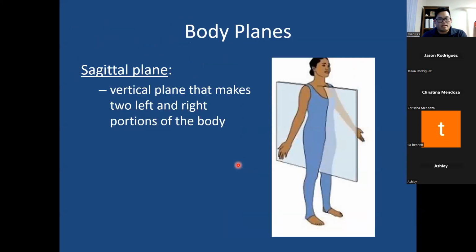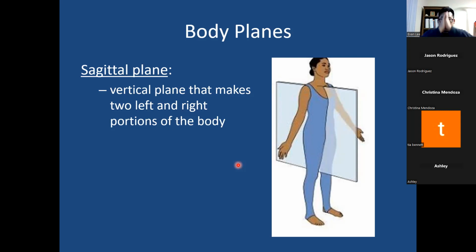To start off with, we have a body plane that we call sagittal. To be specific, a sagittal plane is a vertical plane that divides into left and right. So a sagittal plane is a vertical plane, one that goes up and down, but specifically dividing into left and right.